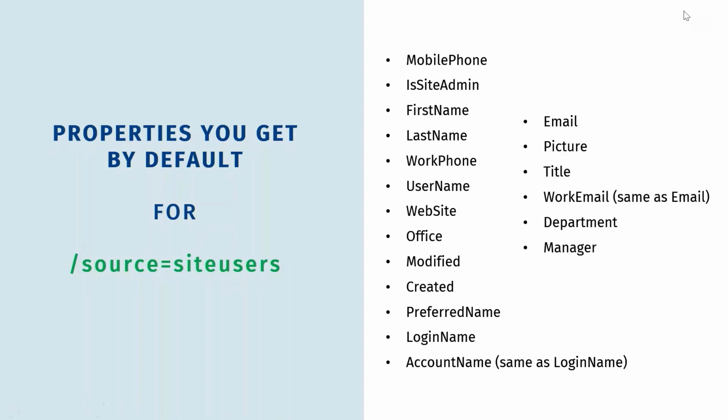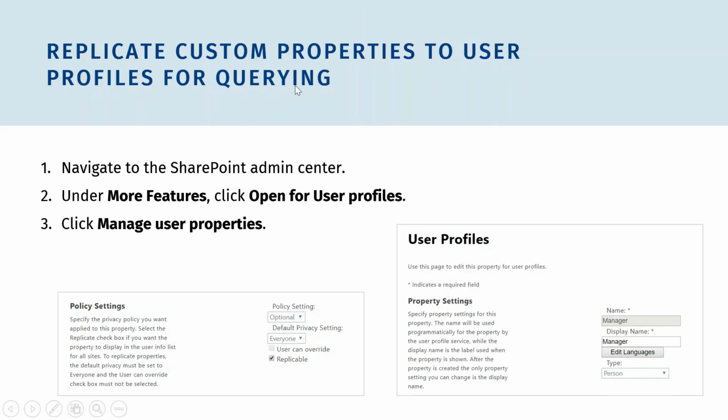So this list might already be enough for your form, but if you need to query some custom properties that are not in this list, then you will need to replicate them in the admin center.